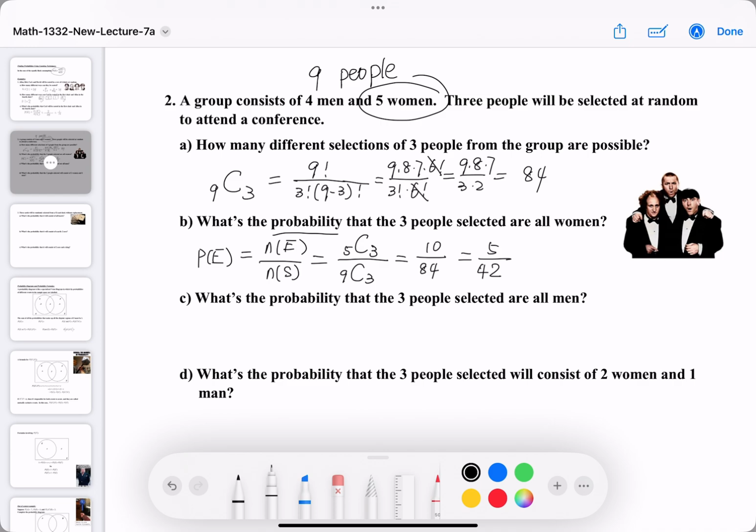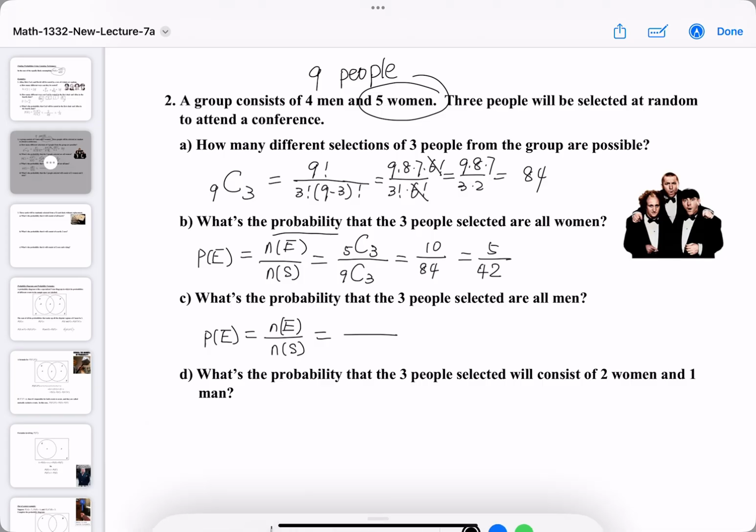That's the answer. And C, what's the probability that the 3 people selected are all men? This time P of E equals N of E divided by N of S. The denominator is 9C3 or 84.